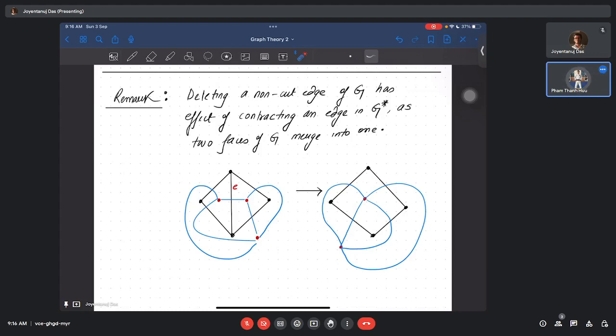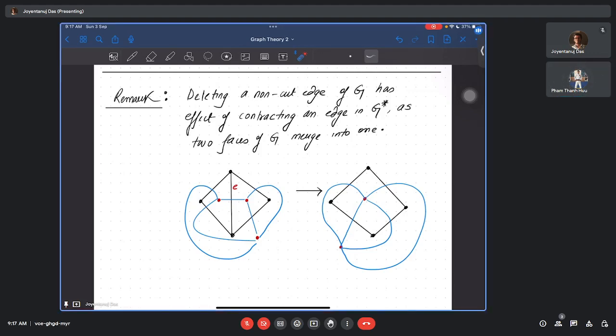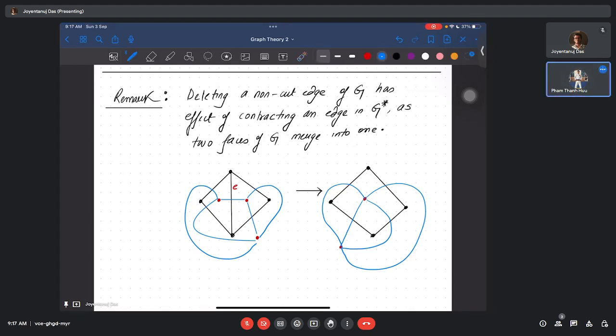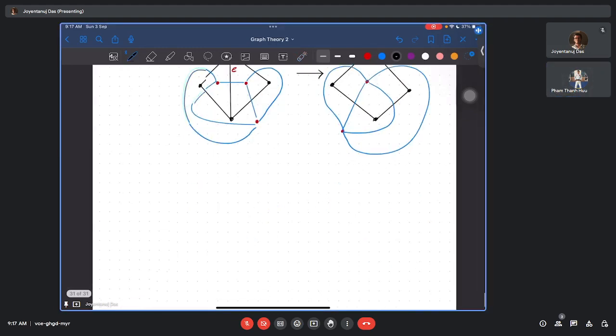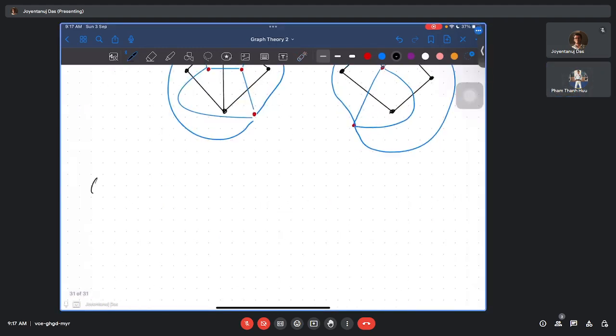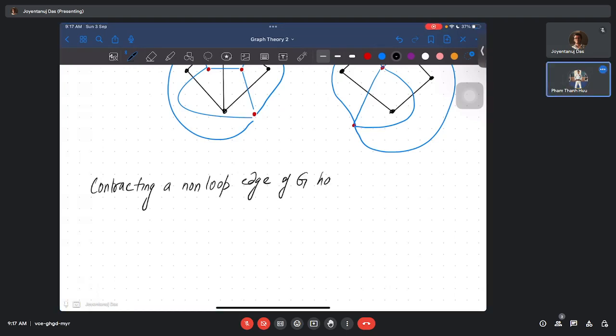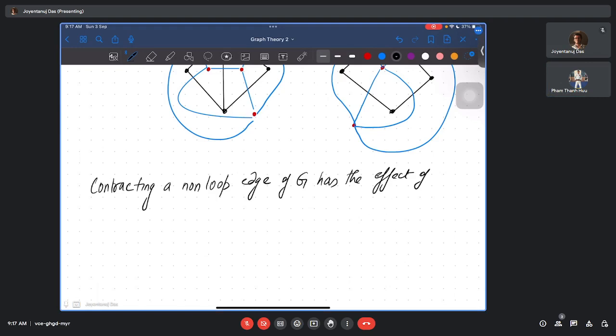Now the next observation is that contracting a non-loop edge of G has the effect of deleting an edge in G star.